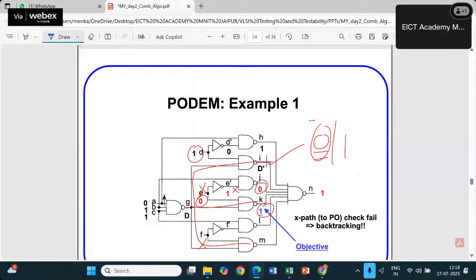So check the number of inversions. This is your goal. So the goal is I, 0. That is your goal: I-th branch, 0 value. Go to the number of inversions. There is only one inversion. And then you are reaching D. So D with one inversion, what should you have? D is equal to 1 is the assignment. I hope you got my point.